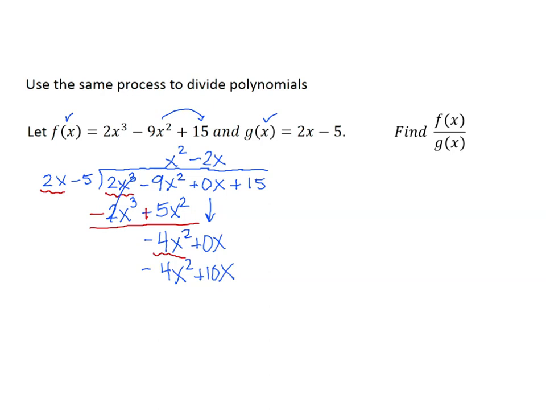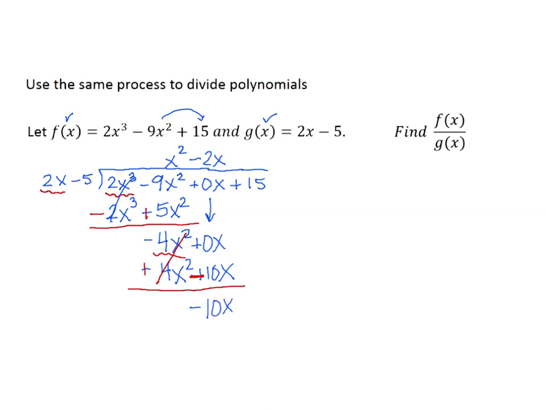Here's my favorite part. Draw the line, change the signs. Then I've got negative 4x squared and a positive 4x squared, and those cancel out. And then I have to add my like terms. I have a 0x and a negative 10x, which gives me negative 10x.